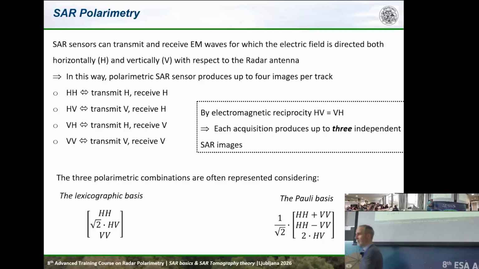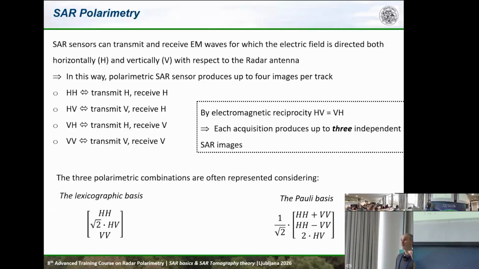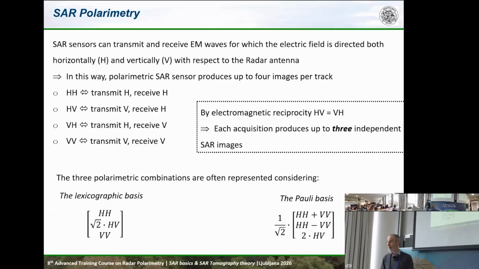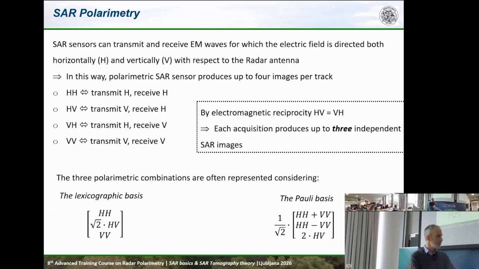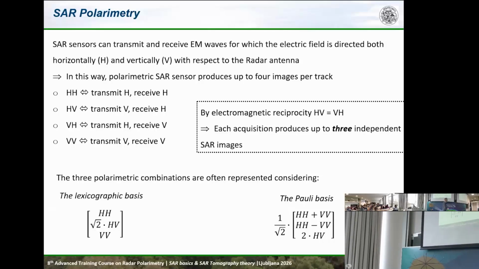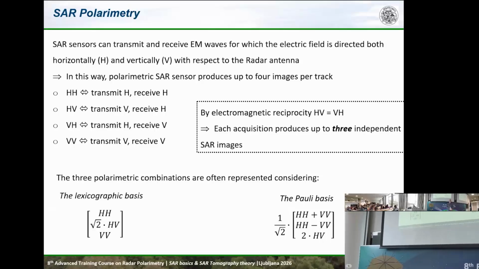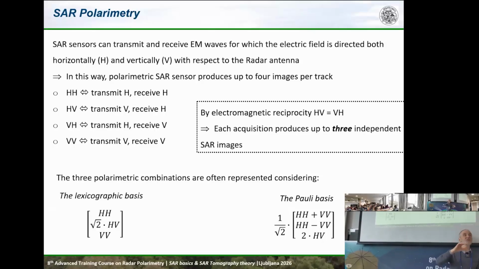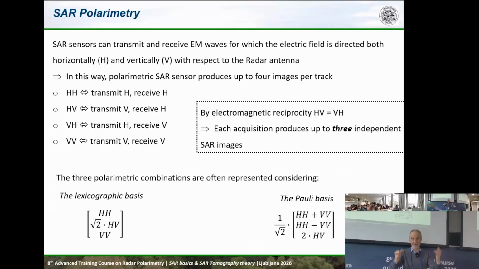VH, which is the other way around, and VV, meaning that you transmit vertical and receive vertical. Now, by a beautiful theorem called electromagnetic reciprocity, for natural targets VH is equal to HV, up to noise, up to errors.